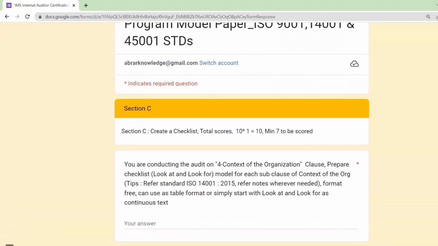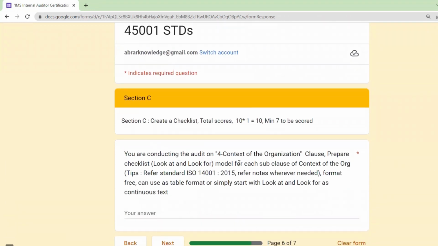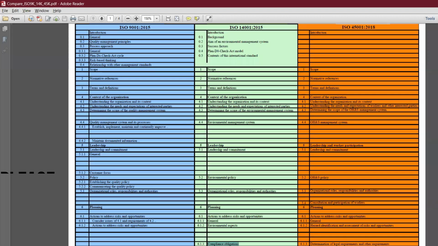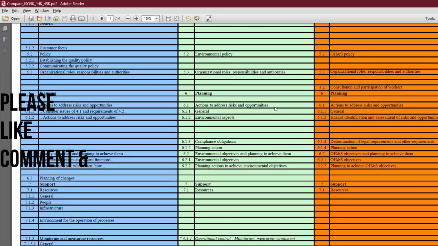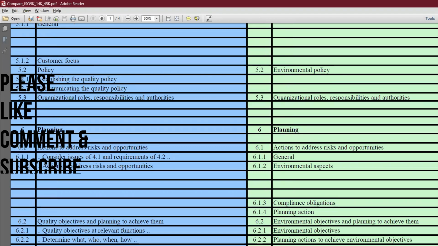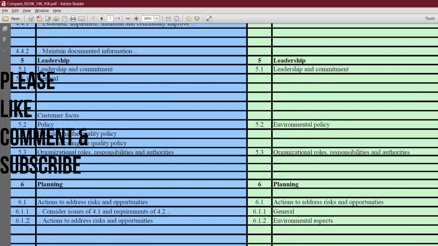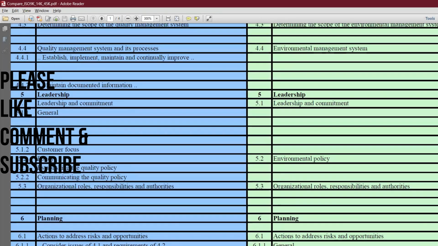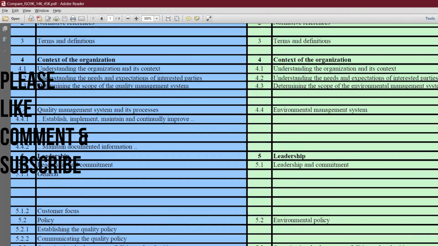We have to create a checklist for the context of the organization. Prepare the checklist, look out and look for the ISO 14001 standard. So this is the standard I have for class number 4, right? Understanding the organization and understanding the needs and expectations of interested parties. And then you have, let me go to class number 4. Determine the scope of the environment.